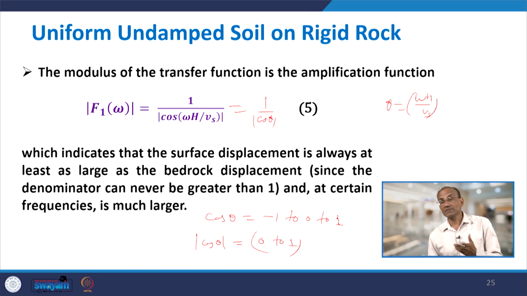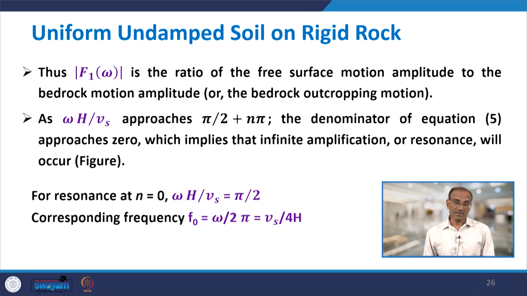If you put 1, then you get 1. So, that means the minimum value of f1(ω) will be 1 in case of undamped soil. Using this equation, f1(ω), as already discussed, is the ratio of free surface motion amplitude to the bedrock motion amplitude, or the bedrock outcropping motion.